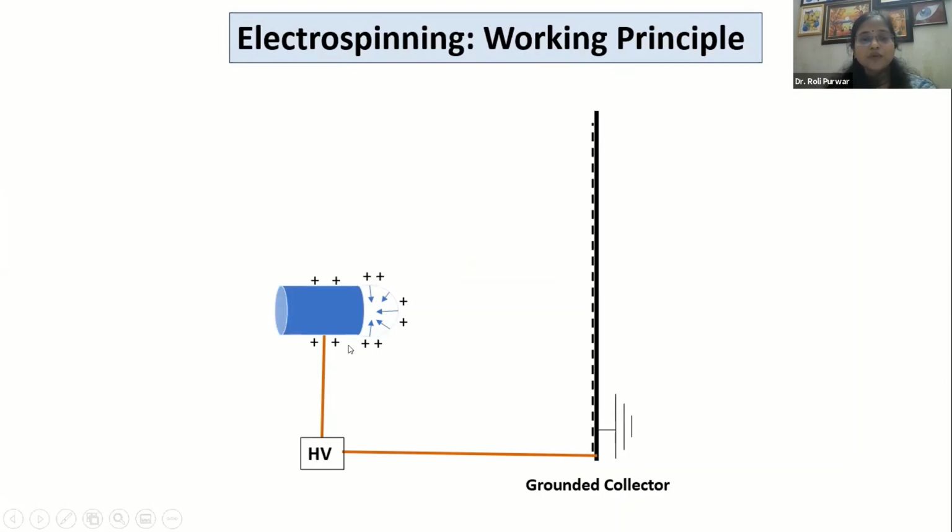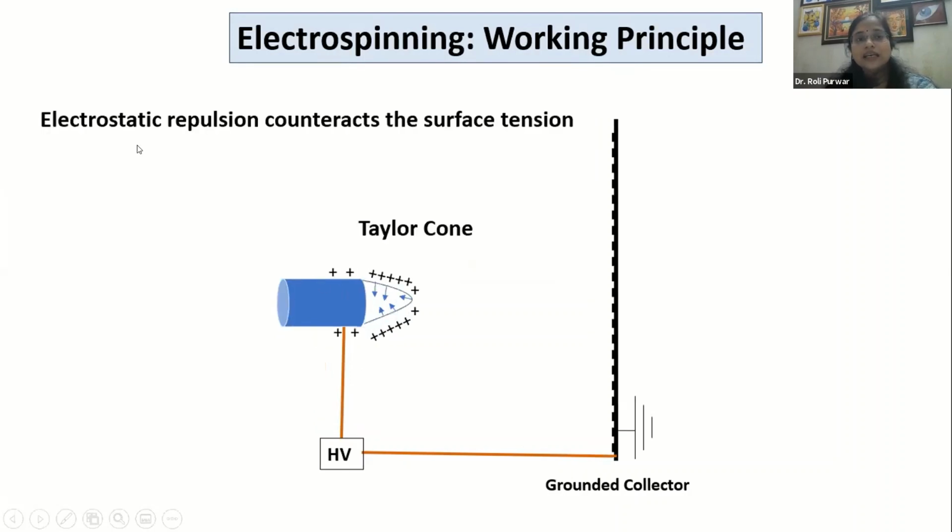Now once we keep on increasing this charge, what will happen is that the electrostatic repulsion counteracts the surface tension generated by the polymer solution, and it will form a cone shape. That cone shape was initially studied by Taylor, and that's why this cone is known as a Taylor cone.